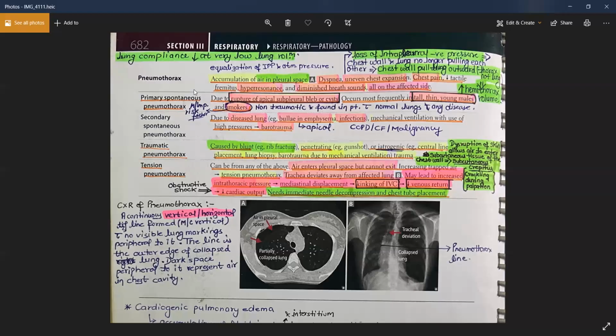Volume is basically length, width, and height multiplied together. It's not a volume of fluid or anything else. It's just that the size or space in your thorax is now increasing.